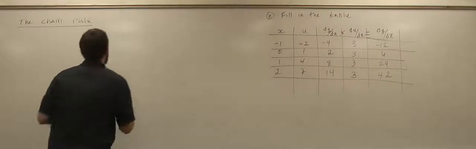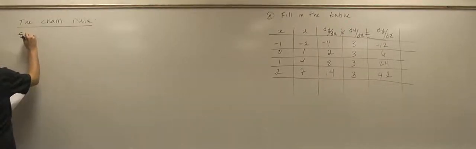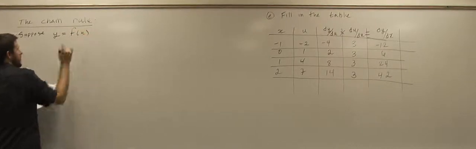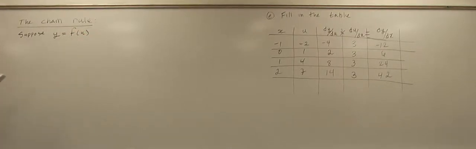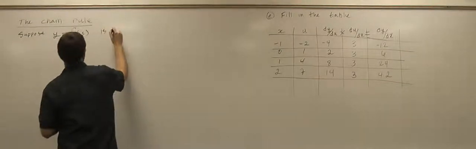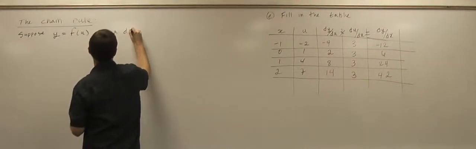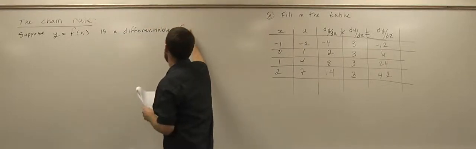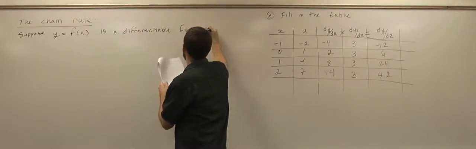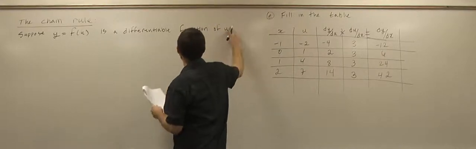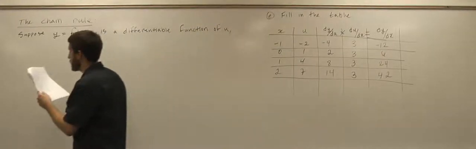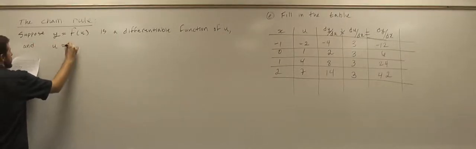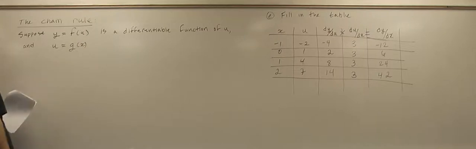So suppose y equals some function f of this dummy variable u. So y is this differentiable function of u, and u is a g of x, a differentiable function of x.